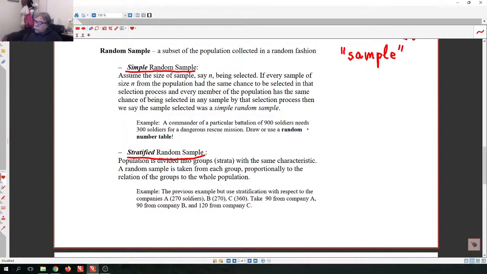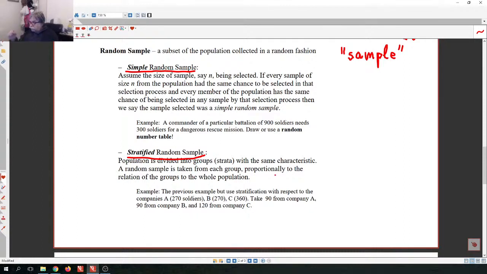So if we want to collect something from a population that will resemble the population, we want to avoid collecting mostly males or mostly females. We don't want to collect mostly older people or mostly younger people. In that case, I'm not really all that interested in simple random sample. I am more interested in stratification.